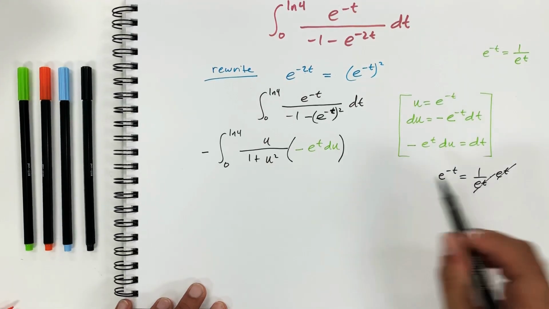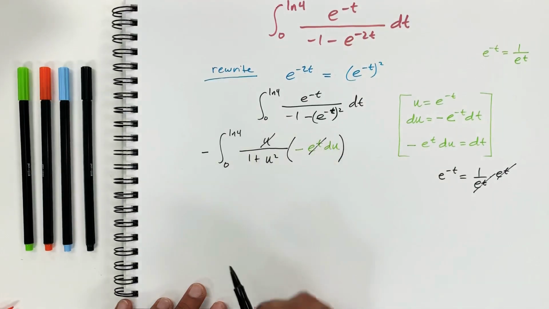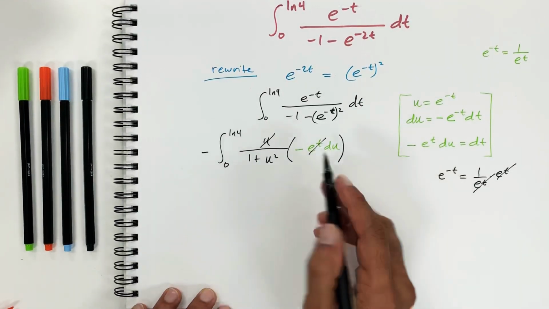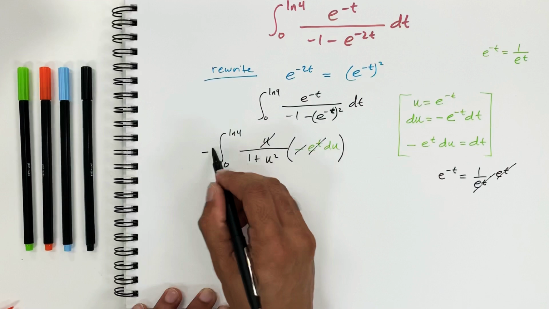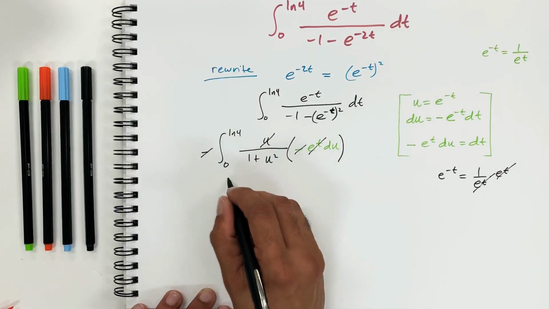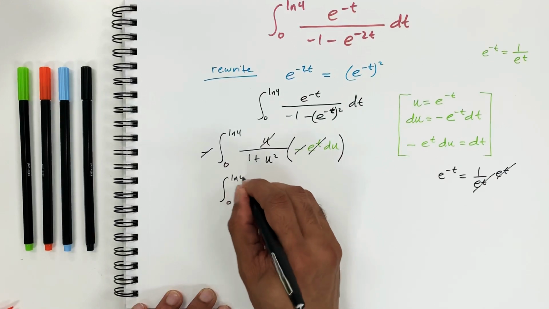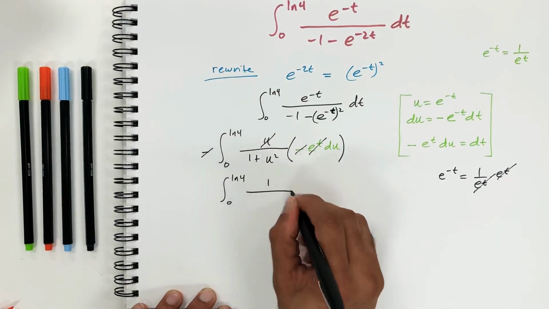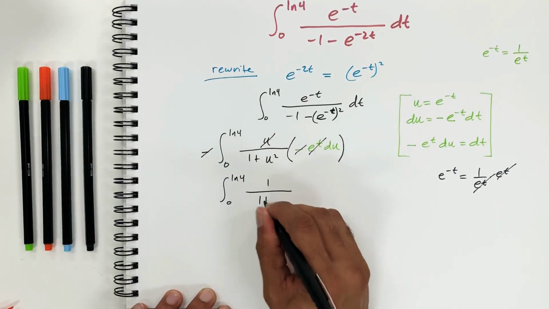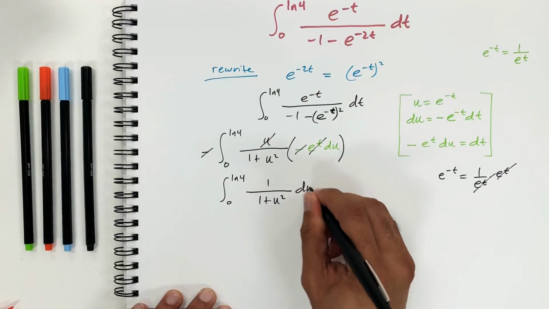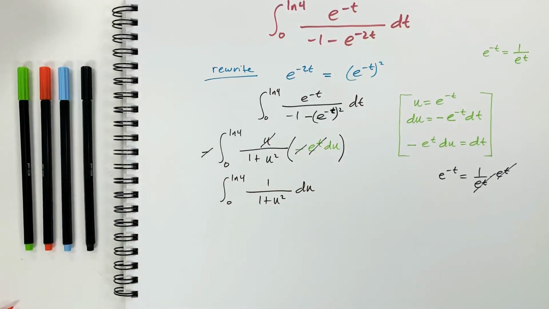So both of these cancel out, and the negative here also cancels with the negative out here. So finally we're left with the integral from 0 to ln of 4 of 1 over 1 plus u squared du. Now that looks familiar and we should know what that is.